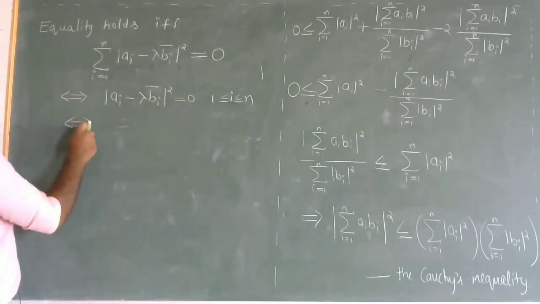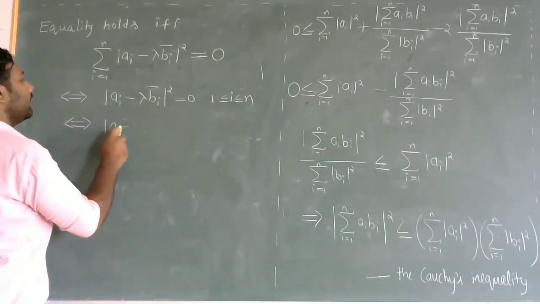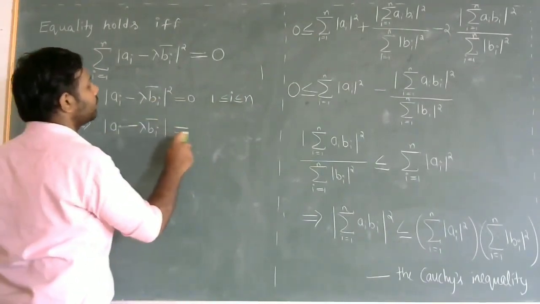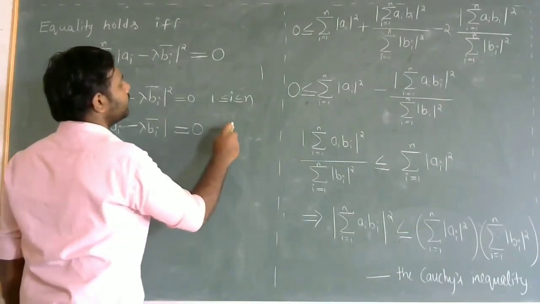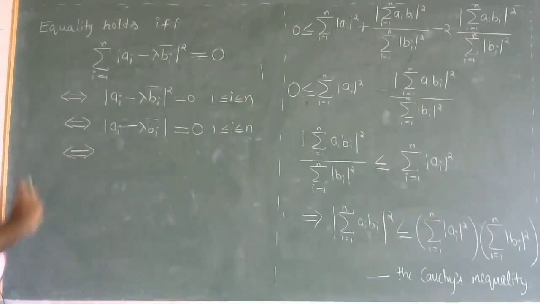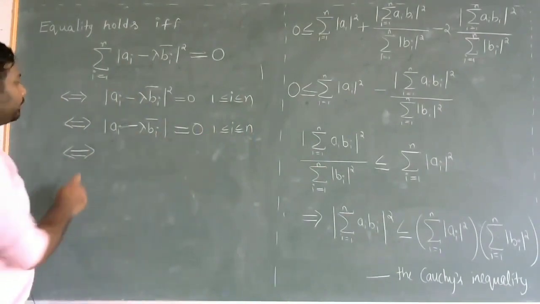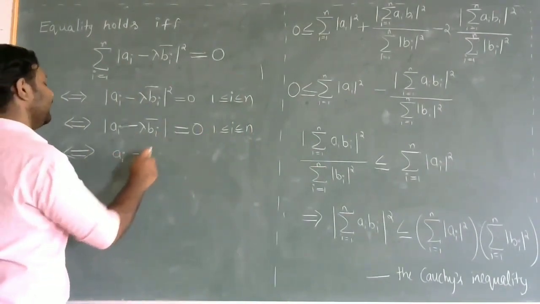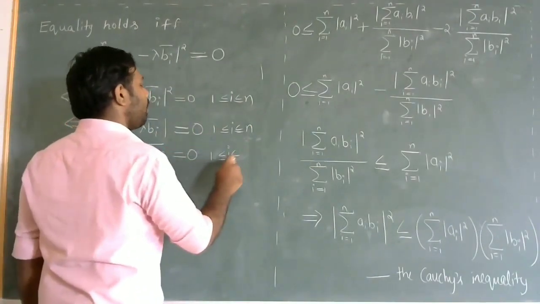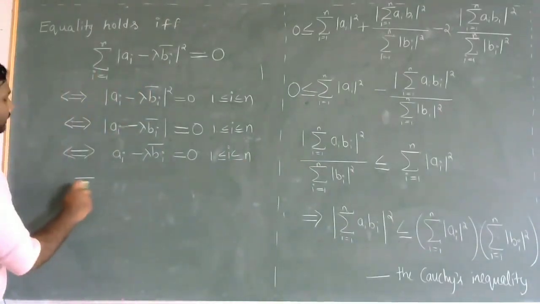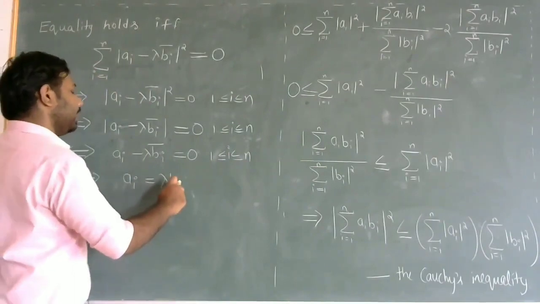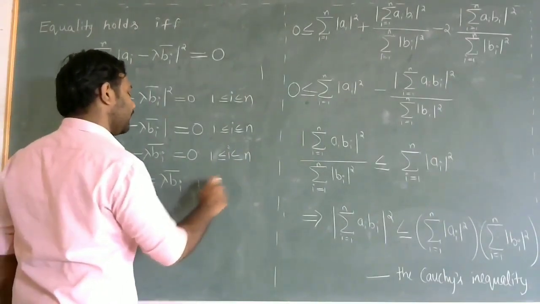Square of some number is 0 if and only if the number is 0, and the number is modulus of ai minus lambda bi bar. So it is equal to 0 for all i values, which is if and only if ai minus lambda bi bar is 0 for all i values, which is nothing but ai is equal to lambda bi bar for all i values.